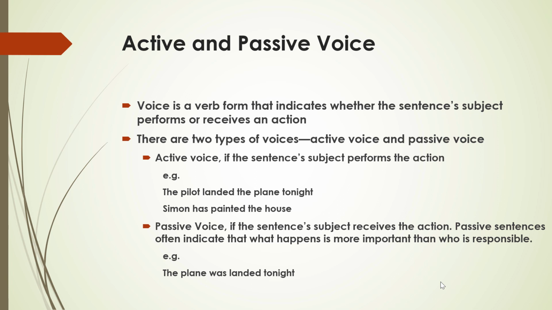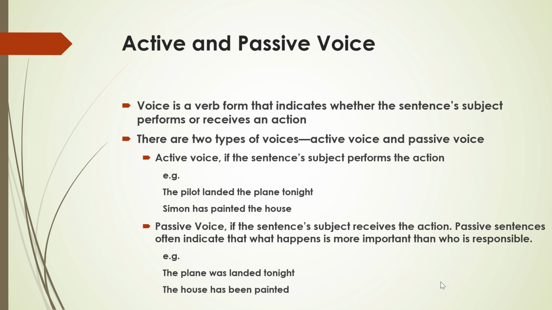So, by agent or by phrase is frequently dropped in passive sentences, like the plane was landed tonight. There is no by agent or by phrase because the one who is responsible is less important than what happens. Or in some cases, it's already known who is responsible, so it is not necessary to mention.